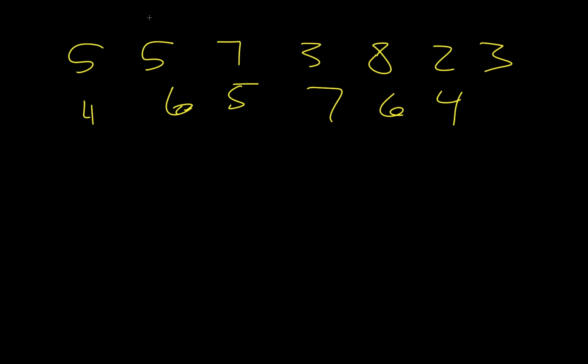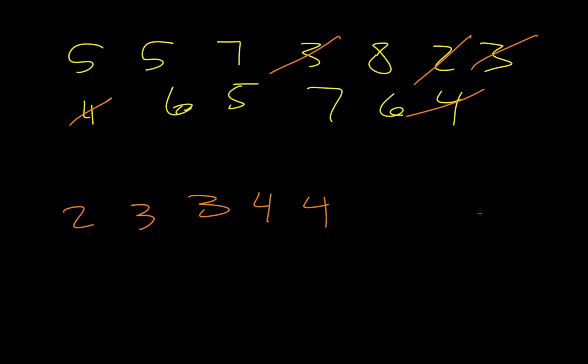If we're going to do the median, let's write them from least to greatest. So we have 2, 3, 3, 4, 4, 5, 5, 5, and then 6, 6, 7, 7, 8.